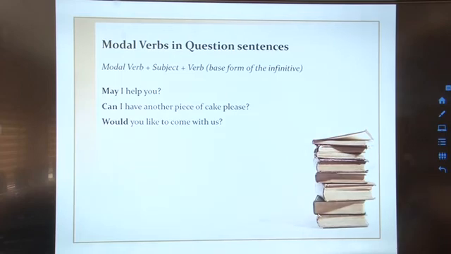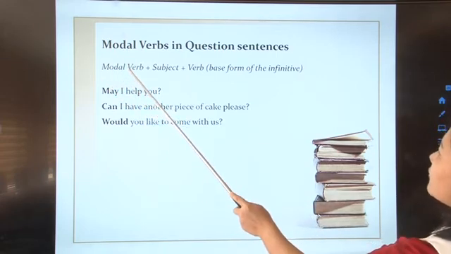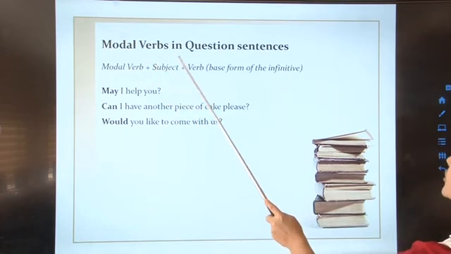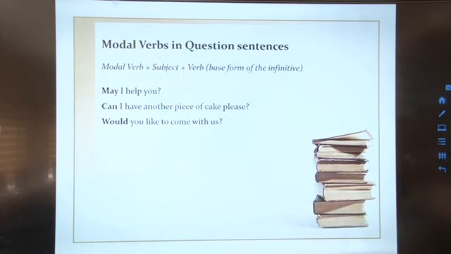And the modal verb in a question sentence. How can we use it in our question sentence? First of all, we should write the modal verb and the subject. The subject is a noun, then the main verb.